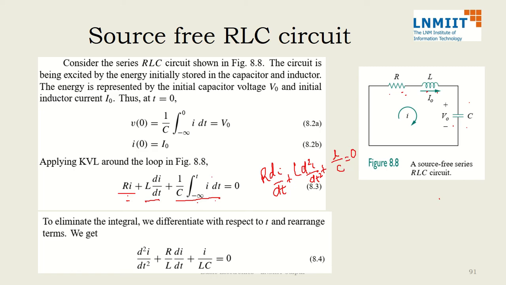This is a second order equation, so to make the coefficient of the highest order term 1, I divide everything by L, so I get d square I by dt square plus R by L di by dt plus I by LC equal to 0.